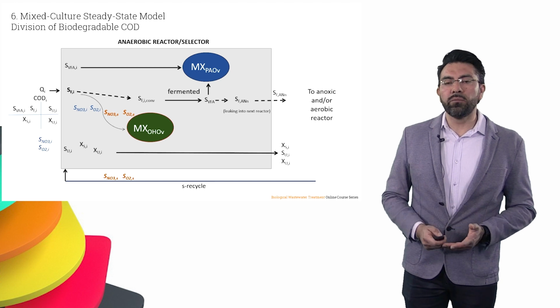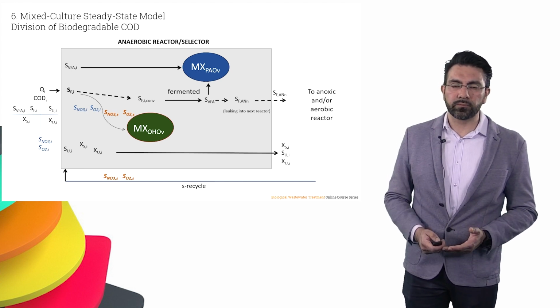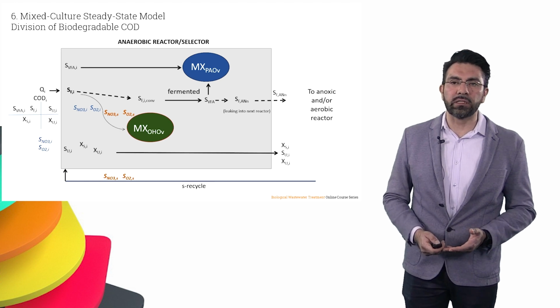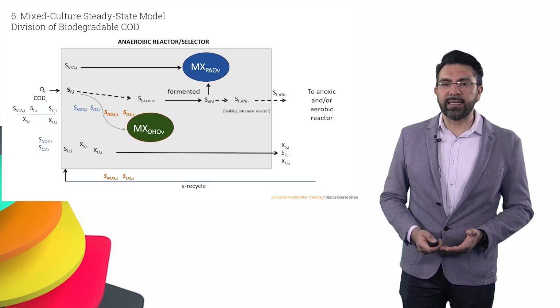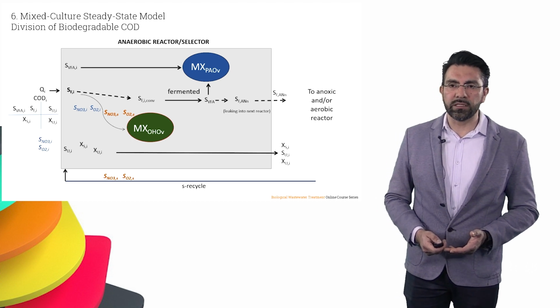So this is one of the most important aspects, and this is what makes this mixed culture steady-state model different from other models. That is, that it takes into account the division of biodegradable COD in the system.